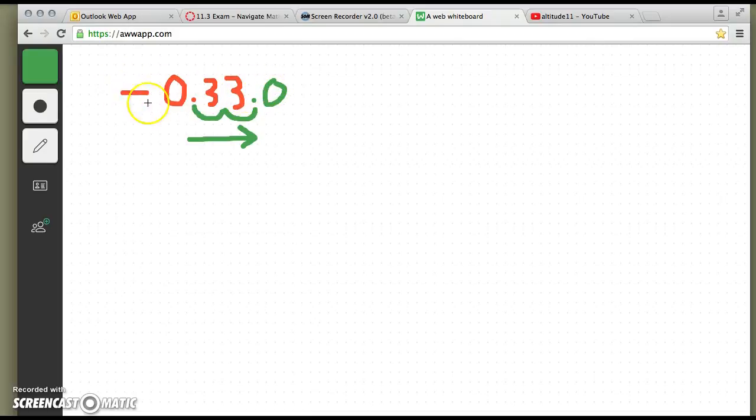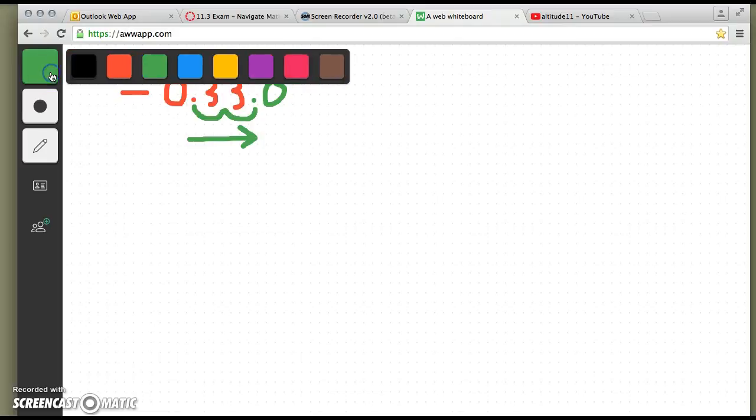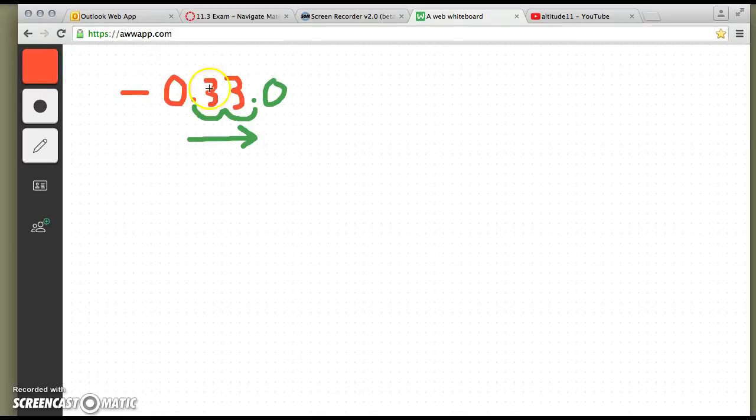Now do not forget about this negative sign. I have a sneaking suspicion that is what a lot of folks may have forgotten when they did this problem. So we moved this decimal place 2 places to the right, and now we are looking at negative 33.0.